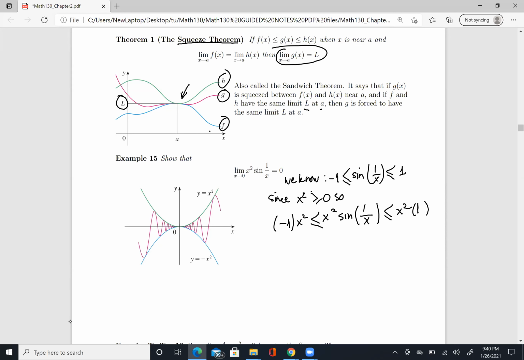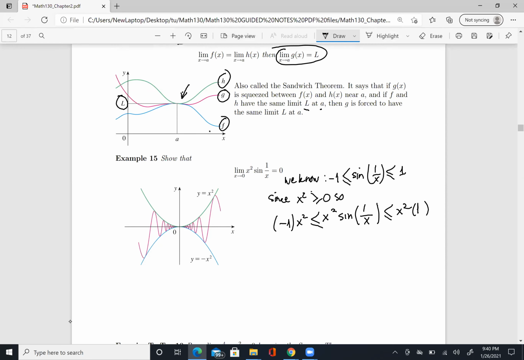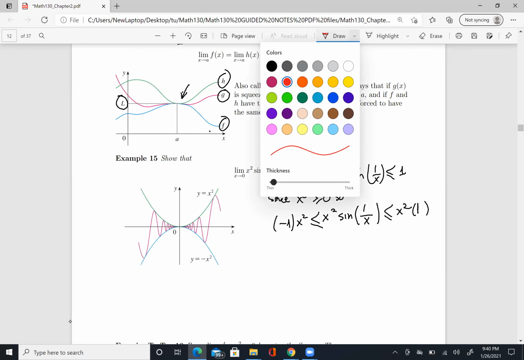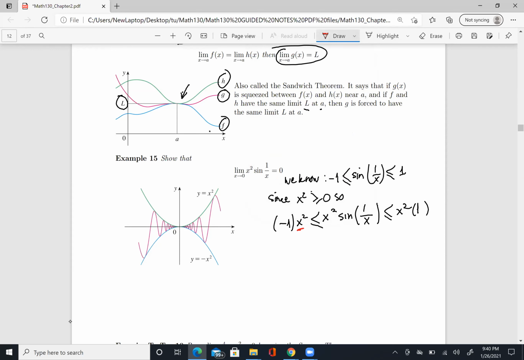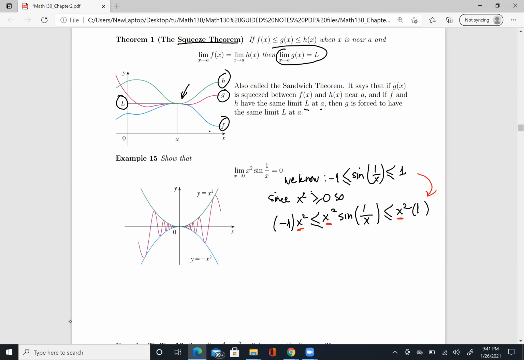Now let me use another color so you know that we just multiply with x squared from this one, right? And because x squared is greater than or equal to 0, the inequalities are not affected at all.